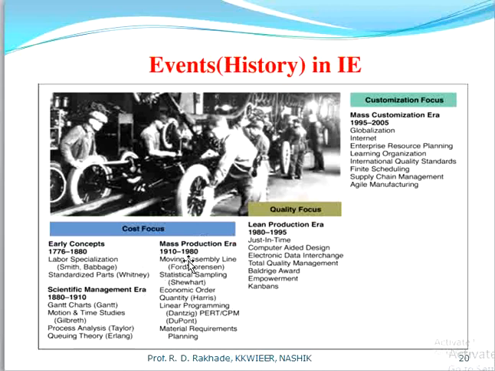Then 1910 to 1980 was the mass production era, producing a number of products in economical orders. From 1980 to 1995 was the lean production era, with a quality focus, application of computers and quality management techniques. Then from 1995 till date is the customization focus, that is mass production, lean, then quality. In this way there are significant changes in industrial engineering.